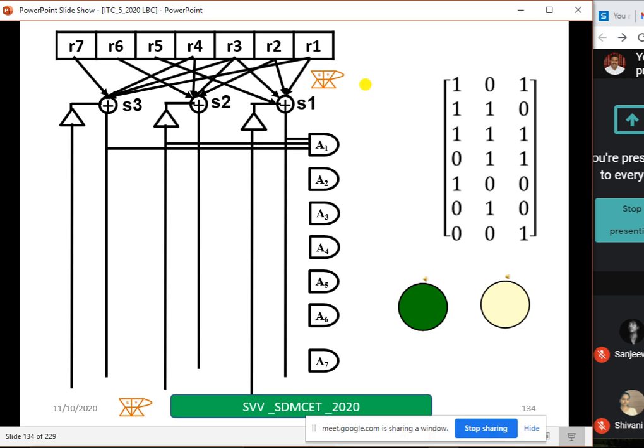For A2, what do I have to connect? Can you tell in the chat box? It is difficult to write a bar in the chat box, so let me know how you write. B you can write. For the first one I connect S1, S2 bar, S3. For the second AND gate, what connection do I do? Very good, S1, S2, S3 bar.